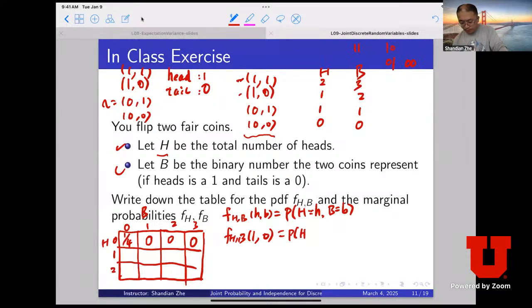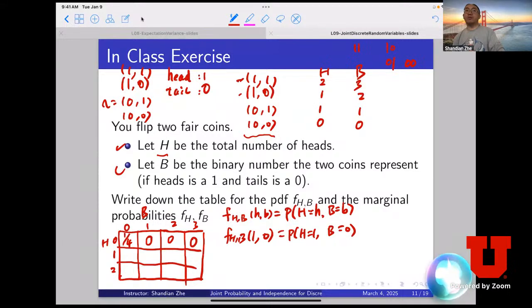It's 0, because if you look at the outcomes, there is not any outcome that can give you H as 1 and B as 0.